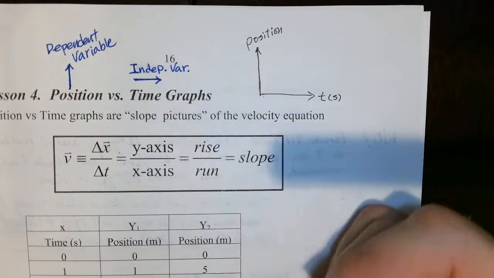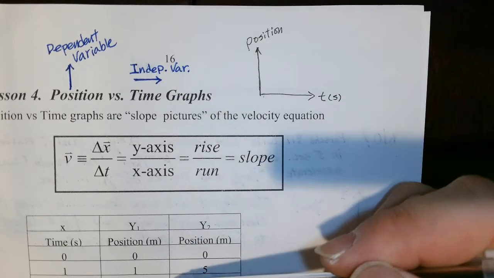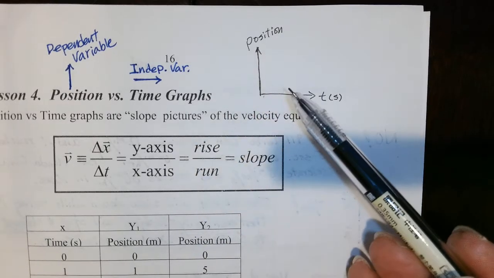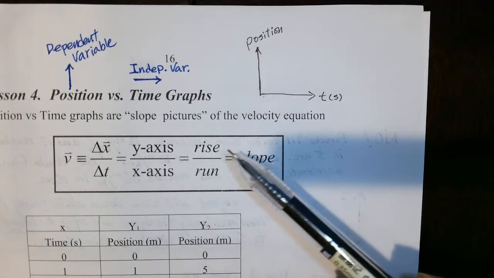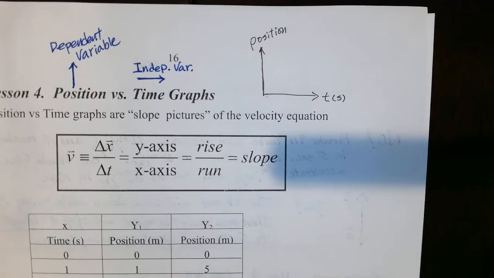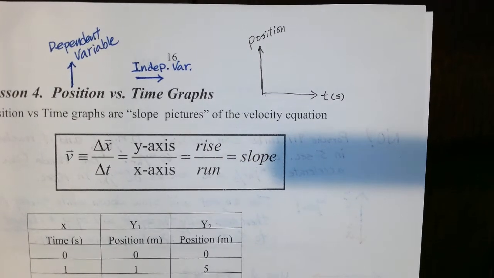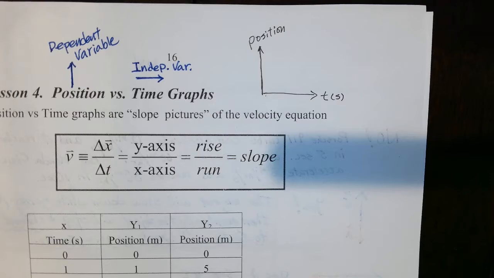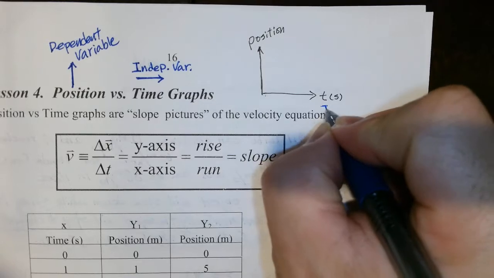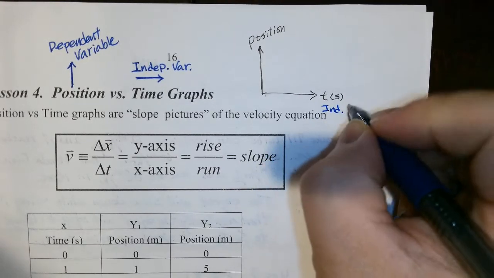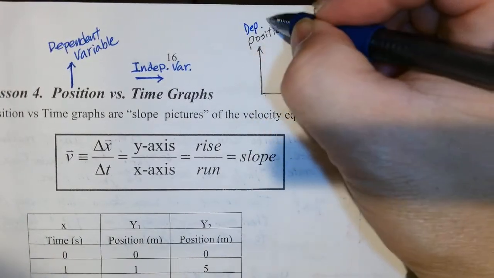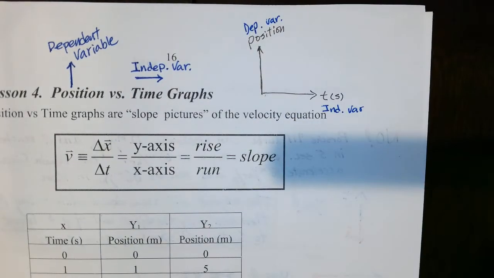It can be represented as y if it's going up and down, or as z if it's going through the page and out of the page, or it could be r if it's an xy plane. So there are many different variables that can be used for position. And time, of course, the horizontal axis, is the independent, and position here is the dependent.